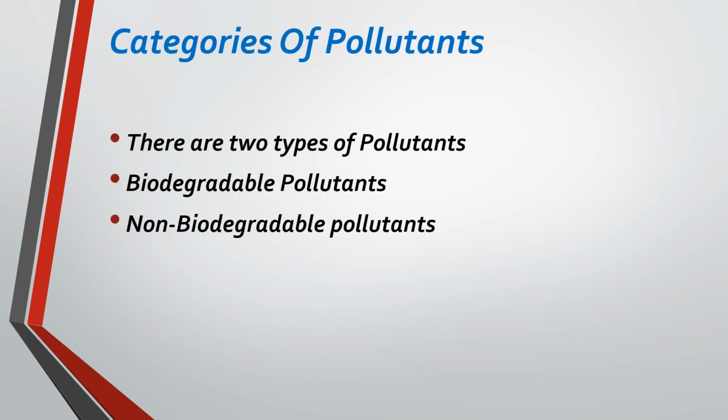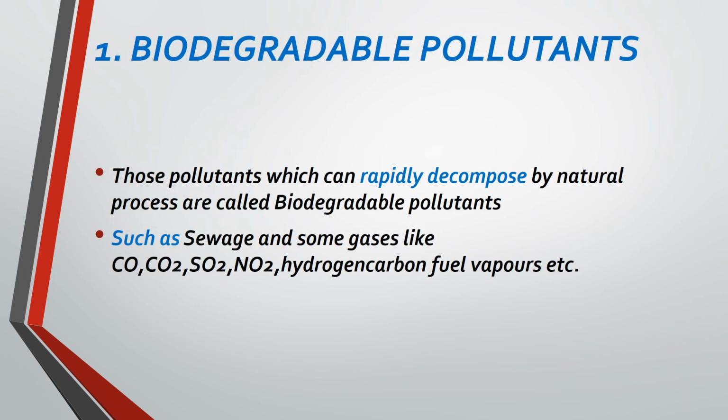Categories of pollutants. On the basis of their role, we categorize the pollutants into two major classes: biodegradable pollutants and non-biodegradable pollutants. Biodegradable pollutants are those pollutants that can rapidly decompose, such as sewage, that can be rapidly damaged and decomposed by natural processes.